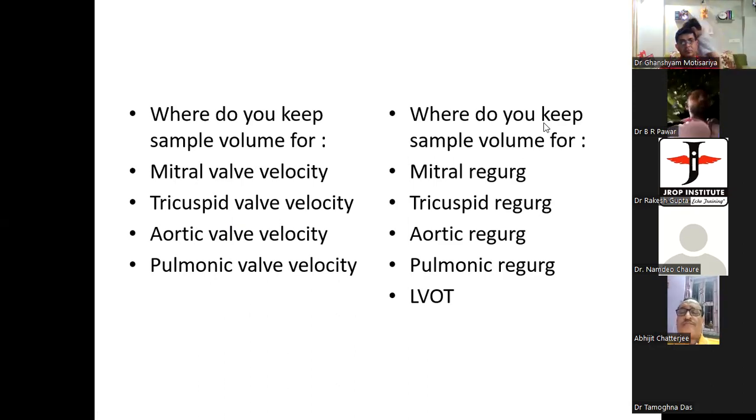Where do you keep the sample volume for mitral regurgitation? Just beneath the leaflets. Tricuspid? Yes, for regurgitations. Aortic? Mitral just beneath the mitral annulus, tricuspid at the tricuspid annulus, aortic at the aortic annulus, pulmonic at the pulmonic annulus. And LVOT?